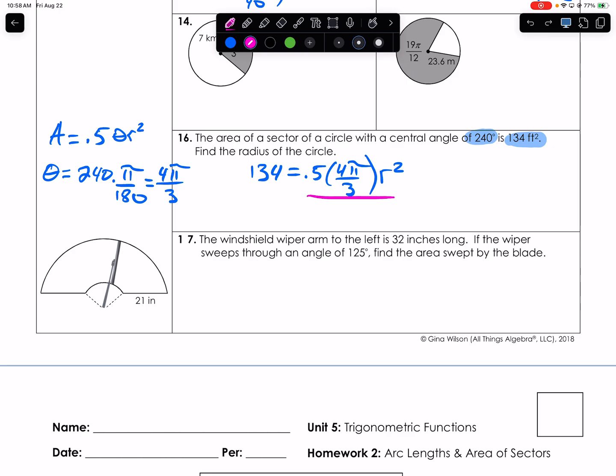They're both right, because you're just going to plug it into the calculator, right? So I'm going to divide both sides by 2 pi over 3. I'm going to put that whole thing in my calculator, and I'm going to put this in parentheses when I divide it so I don't screw it up. I encourage you to overuse parentheses when you put it into your calculator because you're more likely to get it correct. So we're doing 134 divided by 2 pi over 3.